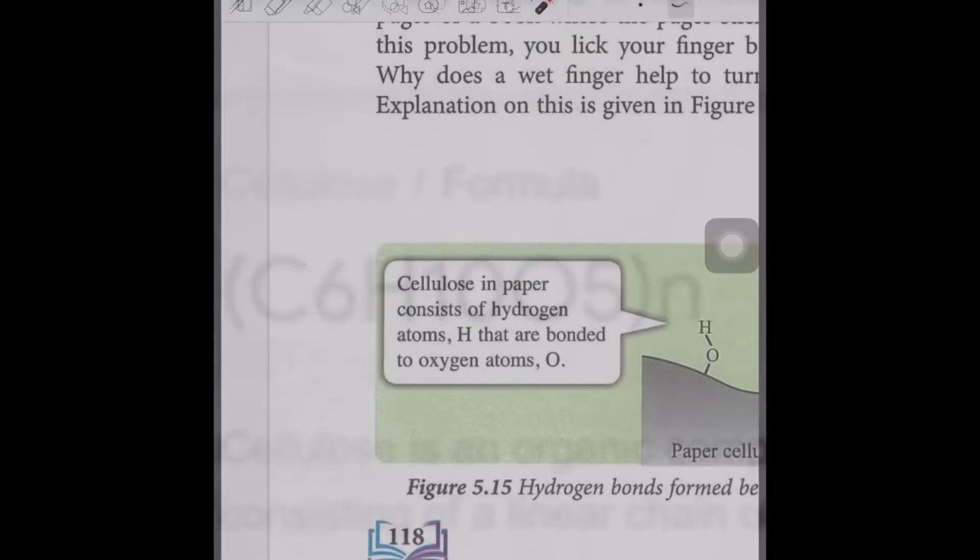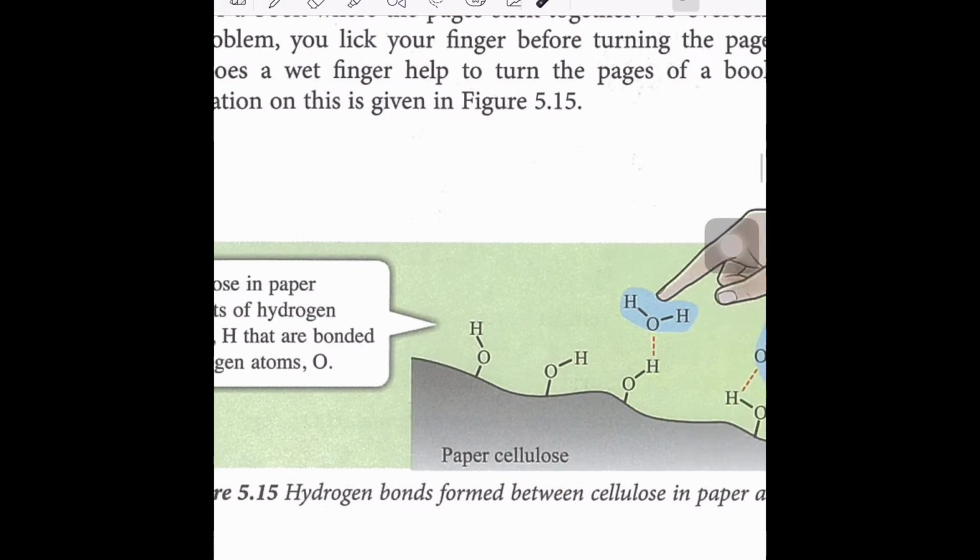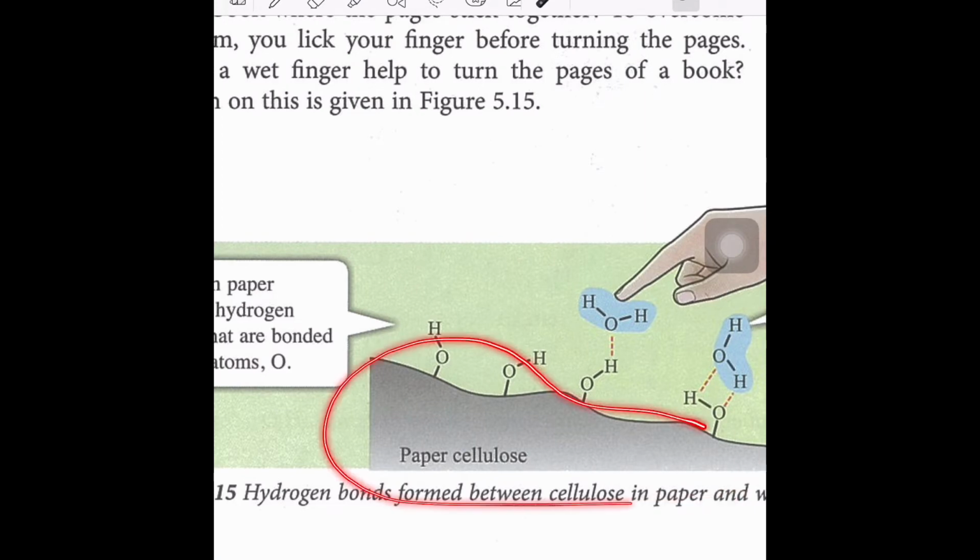Kan kamu kasih basah kamu punya finger. Inilah paper cellulose yang tadi, the complicated structure just now tu, ada H di dalam kan dan ada O di dalam kan. So that H is going to form another hydrogen bond dengan air dari jari. Jari kita basah kan, ada air kan, so it can form the hydrogen bond with the paper cellulose.